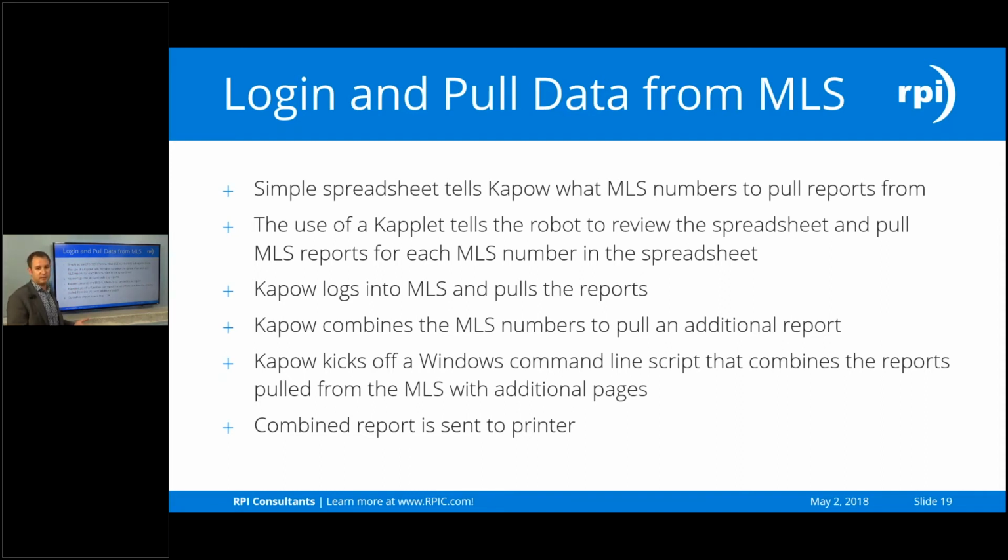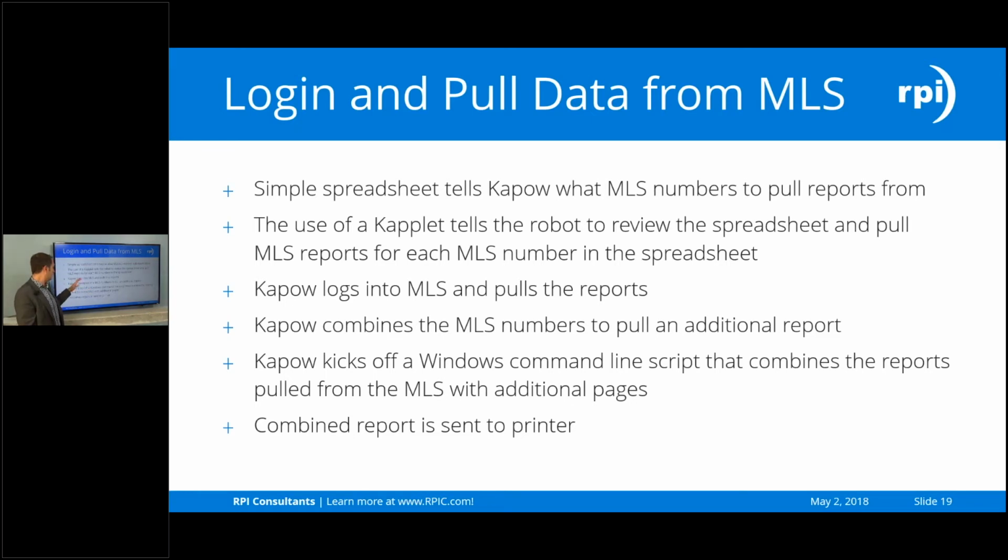Once she saves that spreadsheet, she can go to her cap zone and say, run this robot. That robot then gets kicked off and goes through, it loops through those MLS numbers and prepares this book for her.